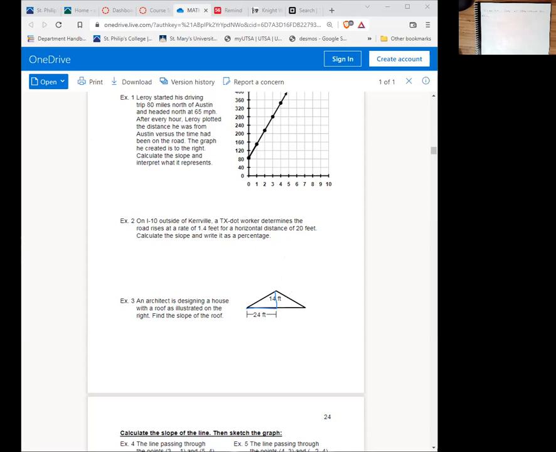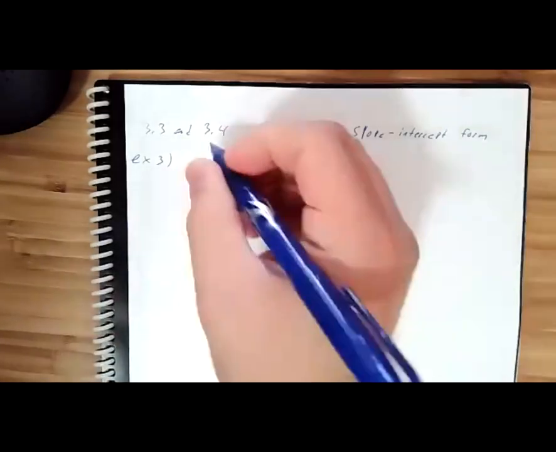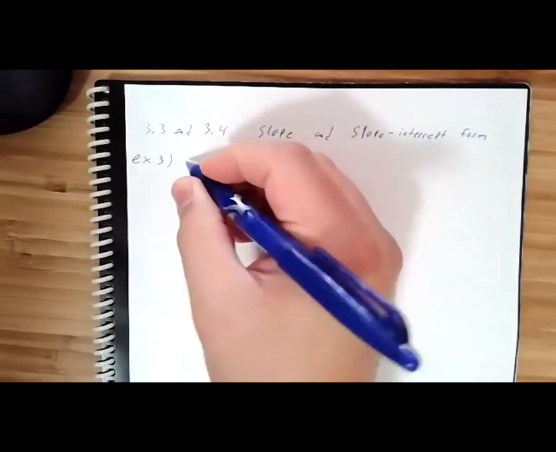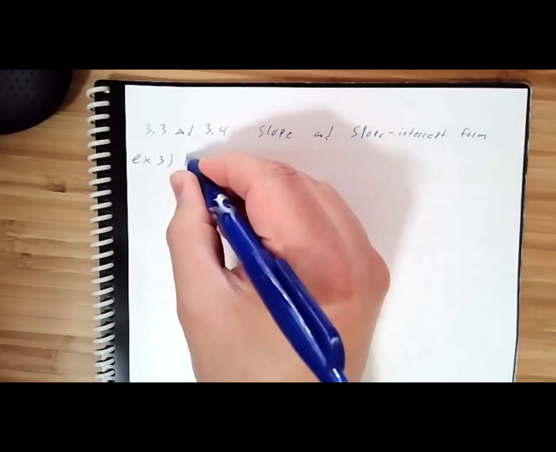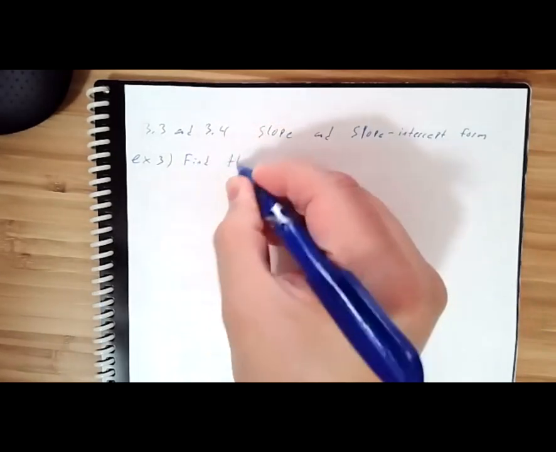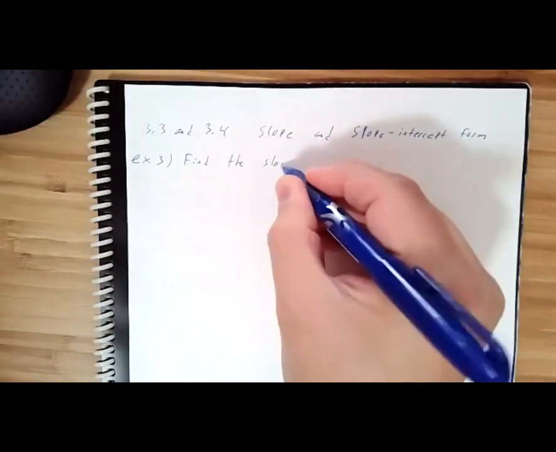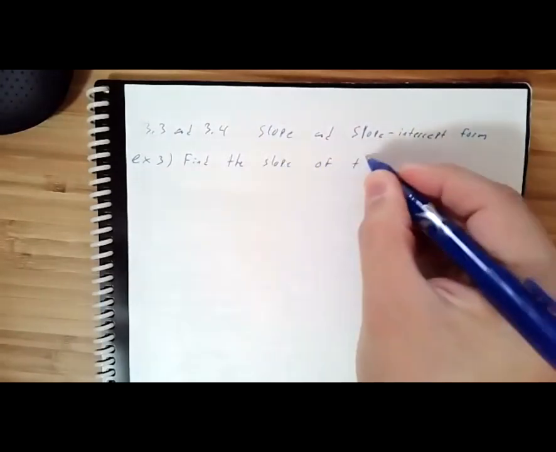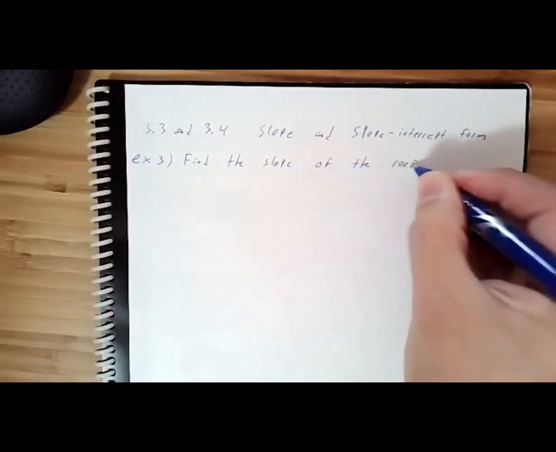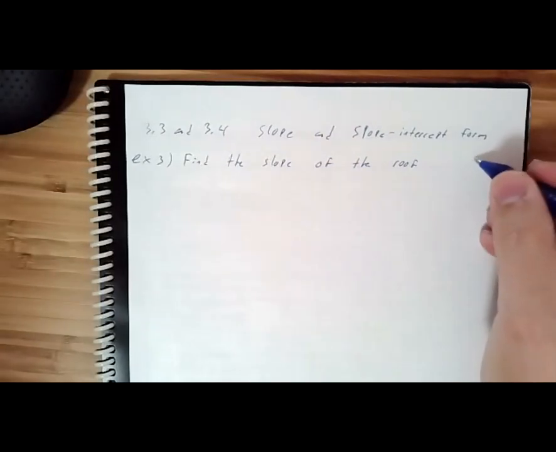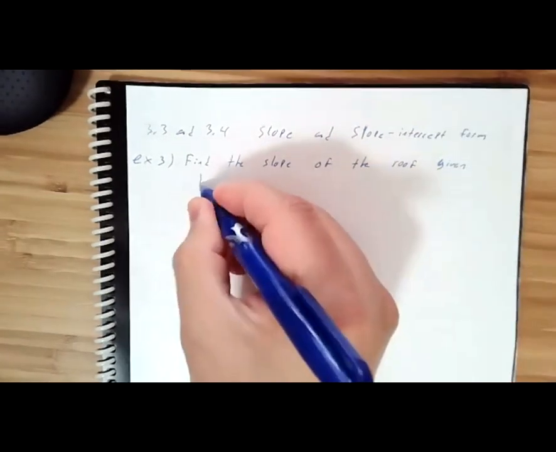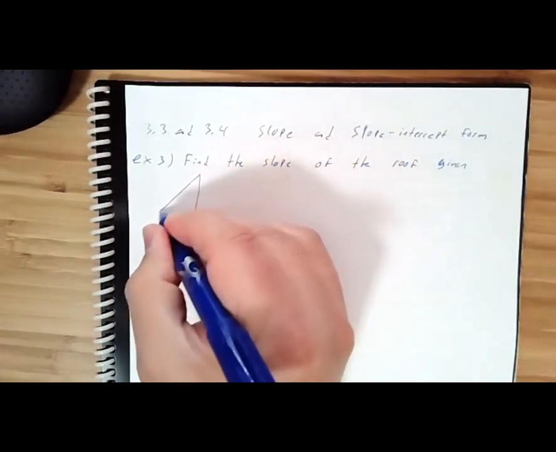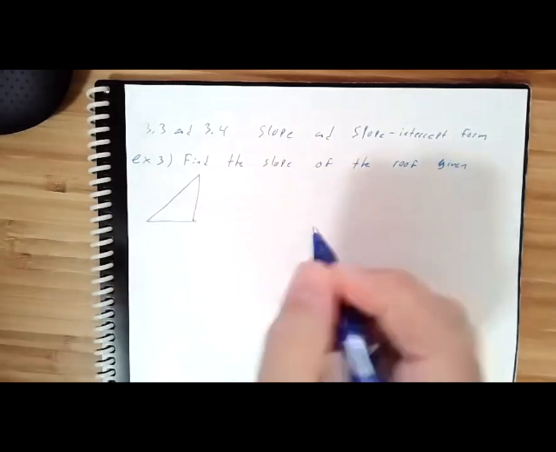Okay, so let me write this down on the paper. We have this triangle. Find the slope of the roof, given this triangle. So I'm going to draw the piece that we found.